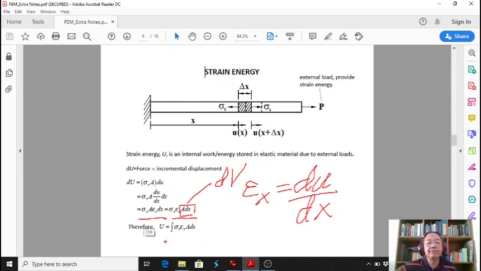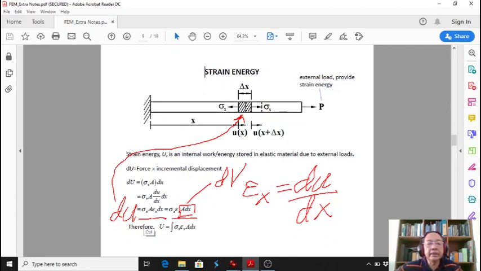Therefore, if we want to find U, because this is dU just for one small element, for all elements in this bar, the total U, we need to integrate this term.